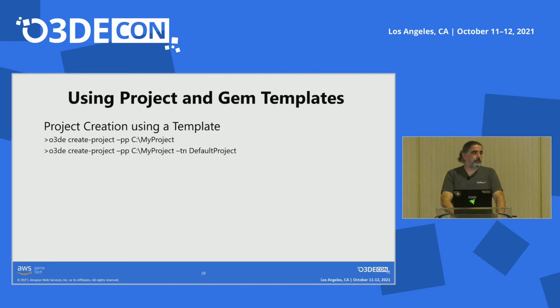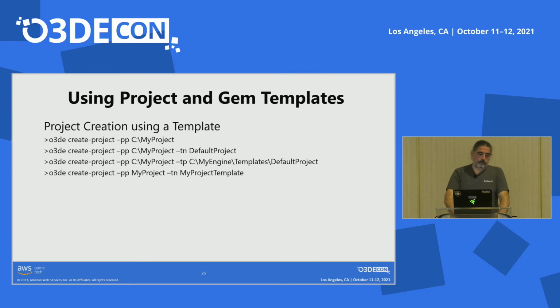These two statements are identical because if I don't specify one, it will use the default project. And even further, if I do create project with a project path of my project, I can give it a template path instead of a template name. And this is the path to that template. So these three are equivalent.